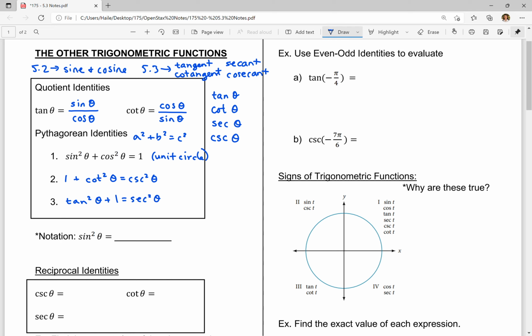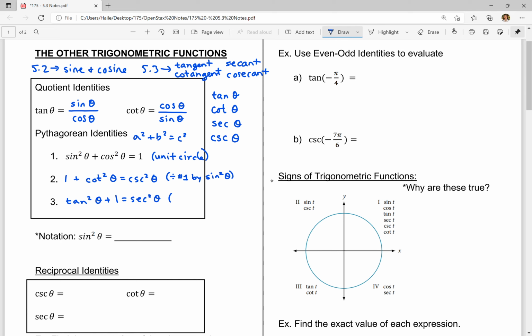I think it's really important that when we start listing all of these formulas, we see how they connect to each other. If we look at the first equation compared to the second equation, you might notice that we can get from number 1 to number 2 by dividing number 1 by sine squared of theta.